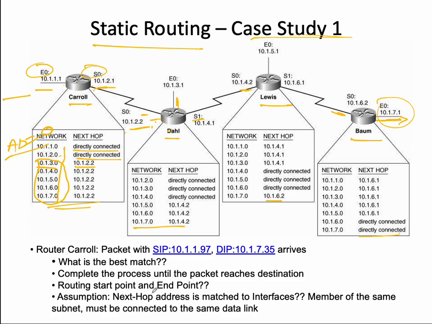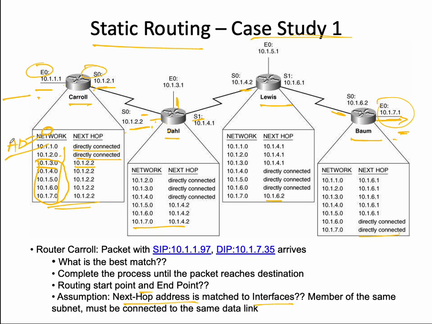Routing has a start point and an end point, right? When the routing starts here, what is the source address and what is the destination address? So what is the end point? This is how the routing starts. It looks for whether the next hop address matches an interface. If yes, then it's forwarded.